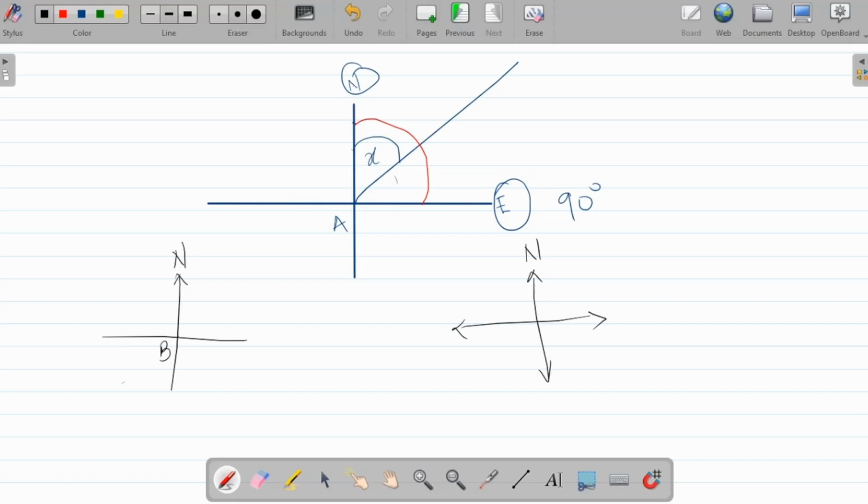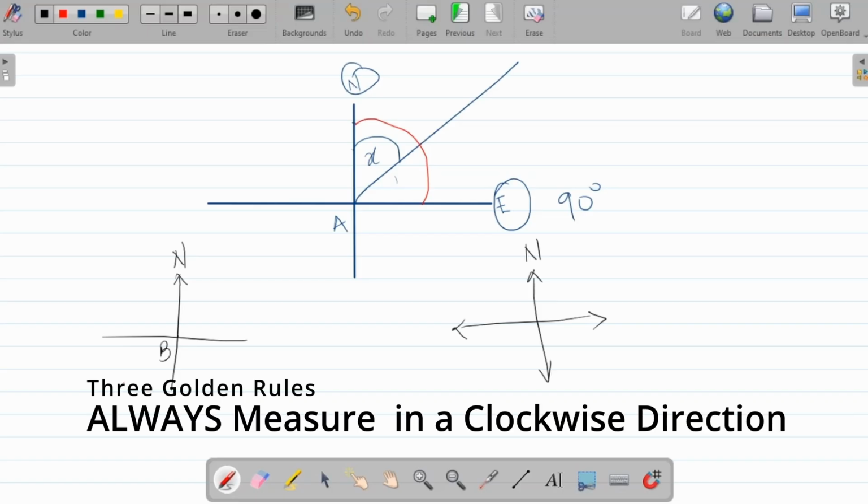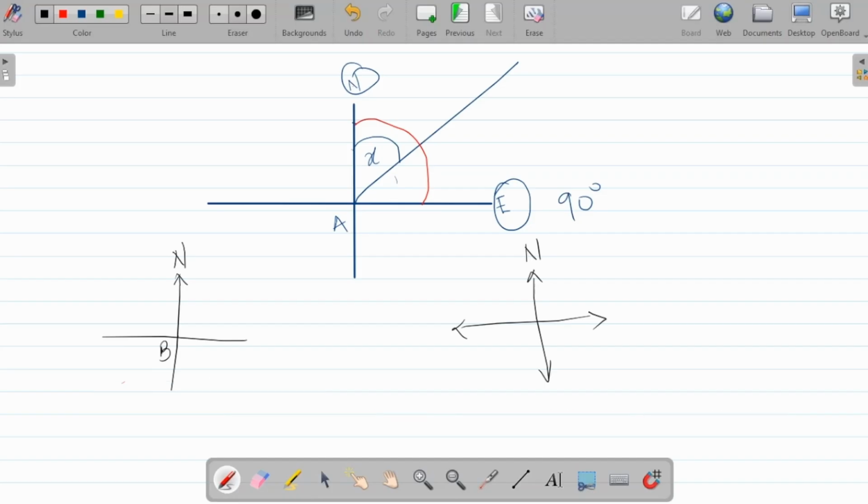Let's go to golden rule number 2. The second golden rule states that always measure your angle or your bearing in a clockwise direction. So always measure in a clockwise direction.